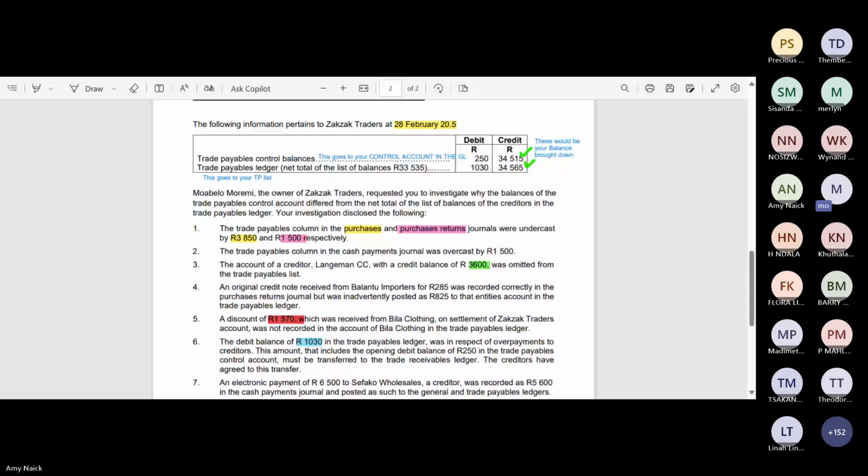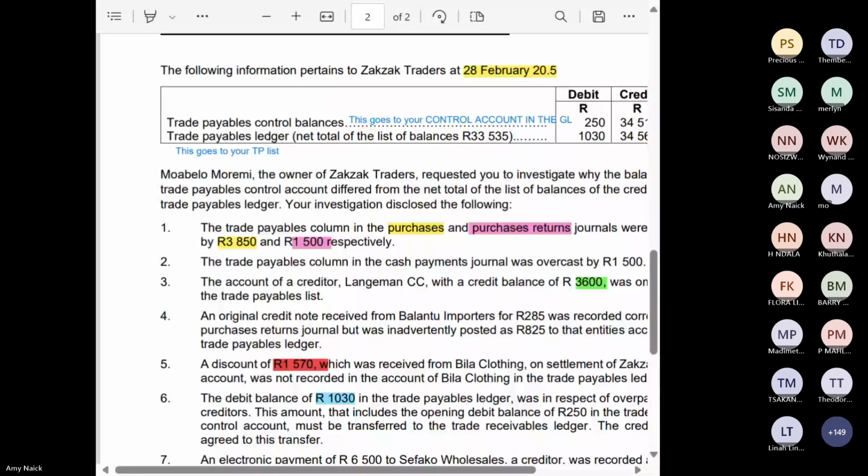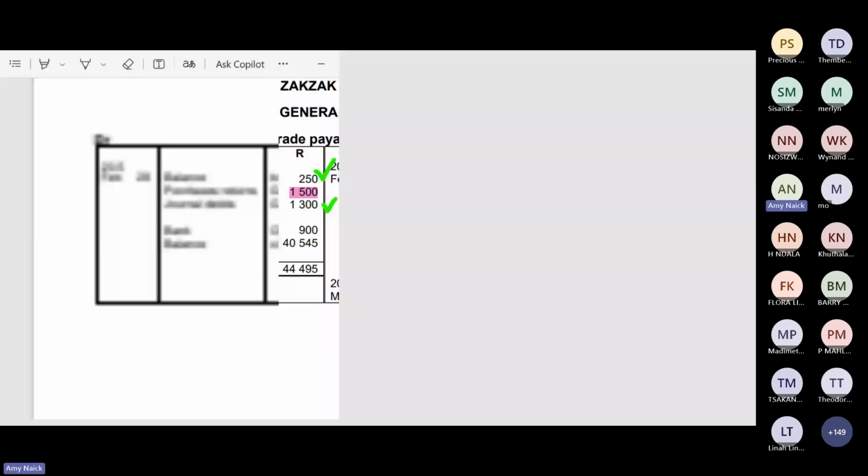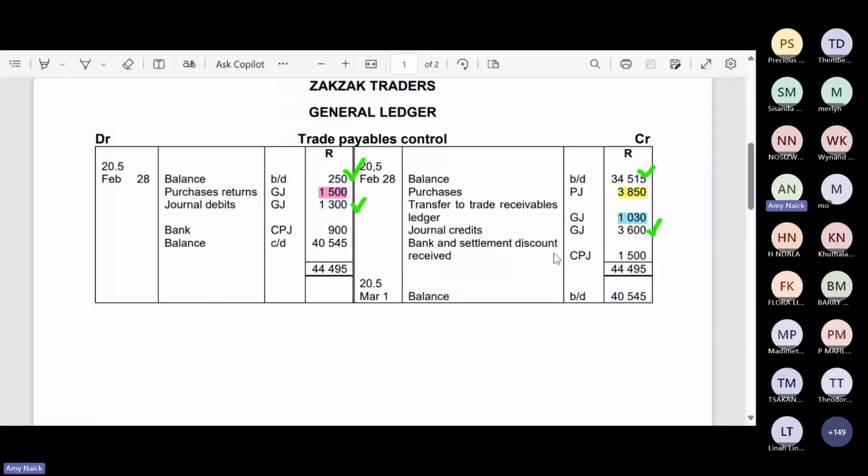Now I'm so lost because I don't see the entry for this second transaction. For this 1.5, I don't see it on that trade payables control account. So it's the one that says the settlement. The one that is far down on the credit side. Correct. Yes, it's here. If you see my screen, it's the one that's highlighted here.